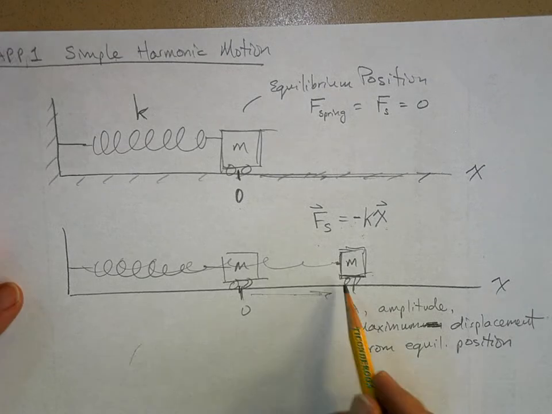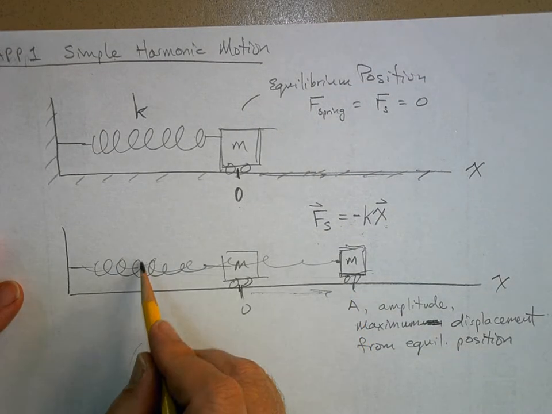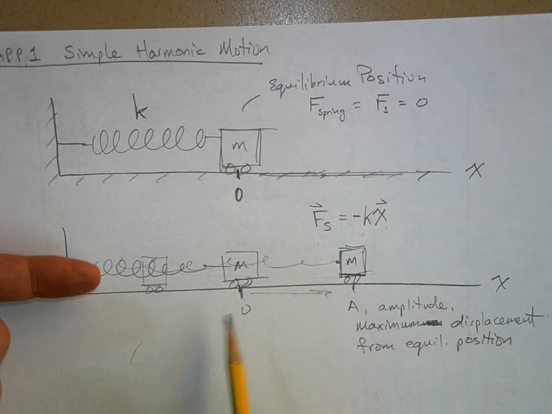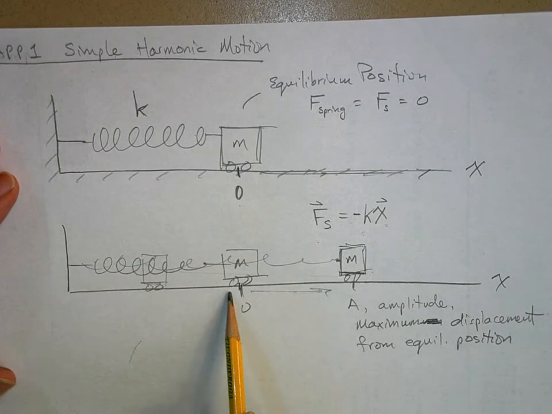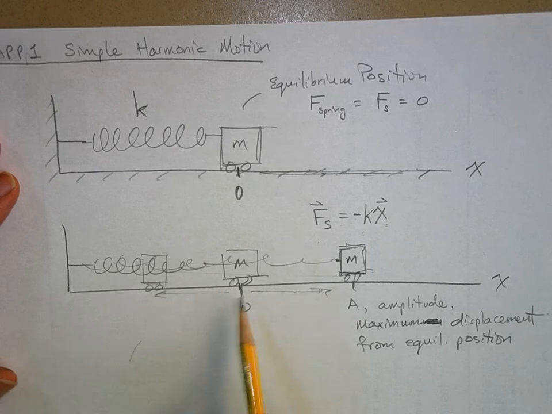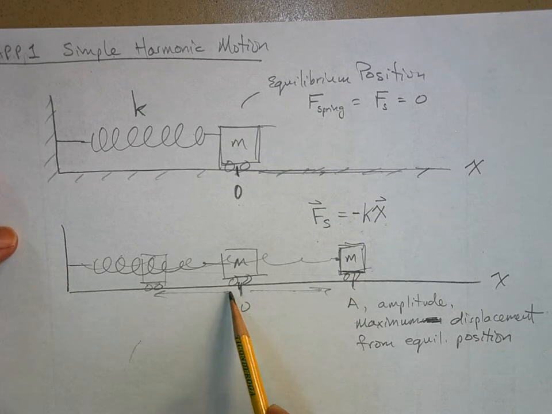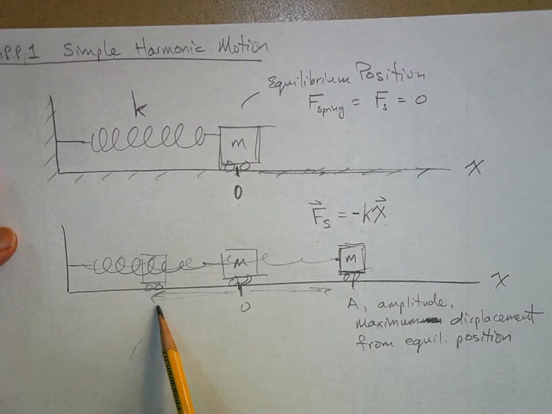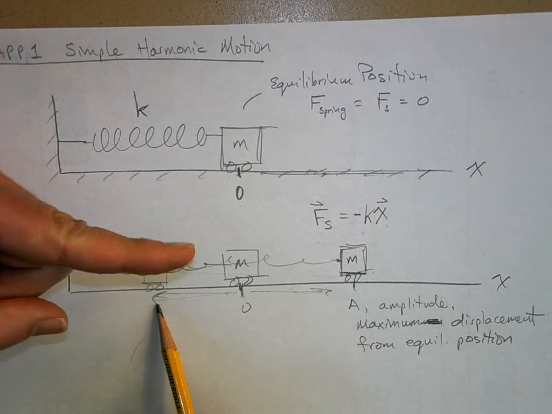Now, what would happen, though, if the object were over here? Well, now, what's true about delta x? Now my position from the equilibrium position, my x value, is negative. But what's the direction of the force? It's in a positive direction.